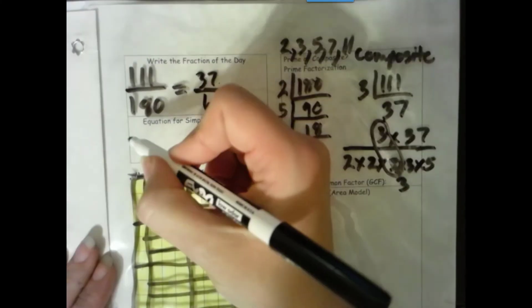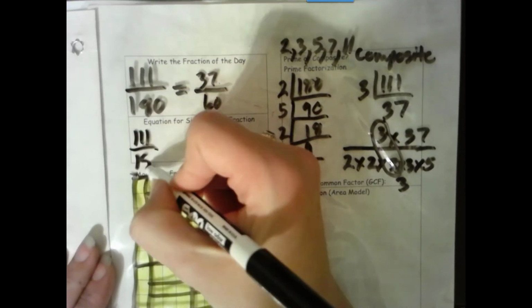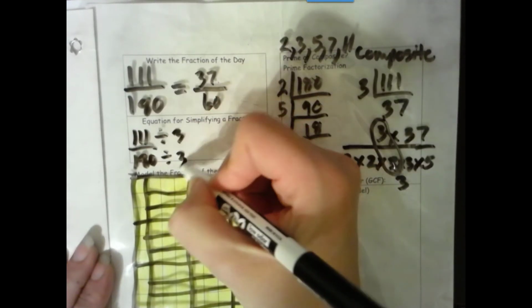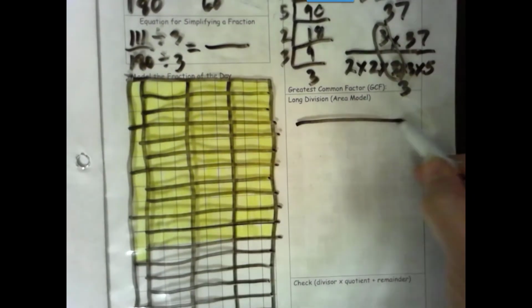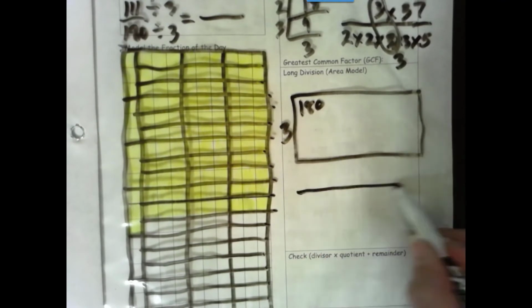Alright, now that we've done our division with our model, let's go ahead and divide with our algorithm. So I'm dividing 180 into groups of 3 and 111.